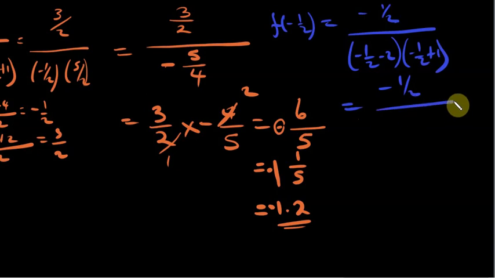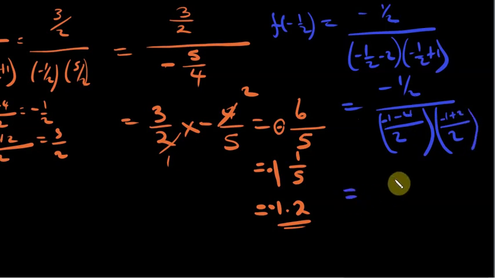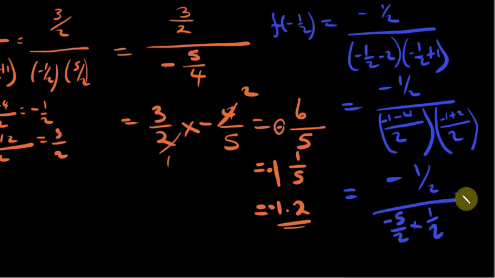That is negative 1/2 over (minus 5/2 multiplied by 1/2), which is minus 1/2 over minus 5/4.